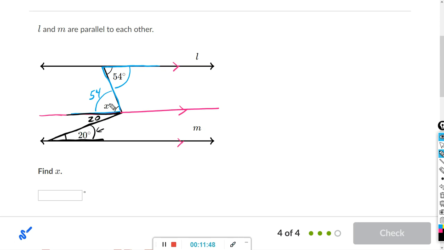All right, so it says X is this whole thing right here. So X is going to be 54 plus 20. And that's 74. So just enter that in the box.